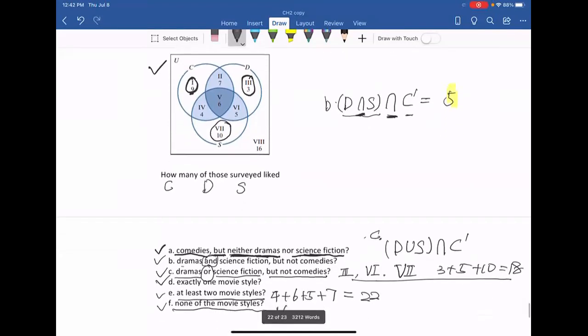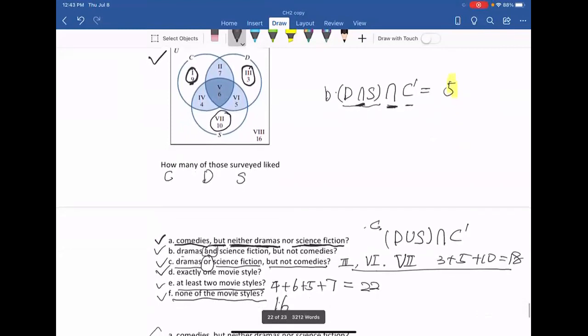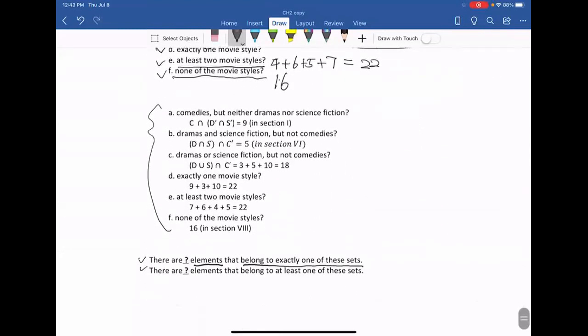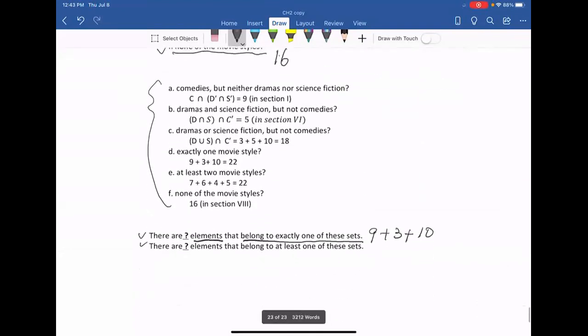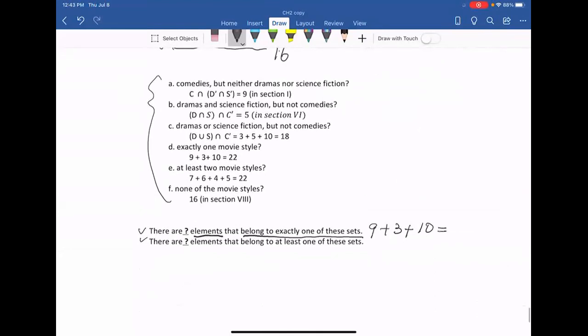So I add them together: 9 plus 3 plus 10. The people in these three regions belong to exactly one of the sets, which is 22.